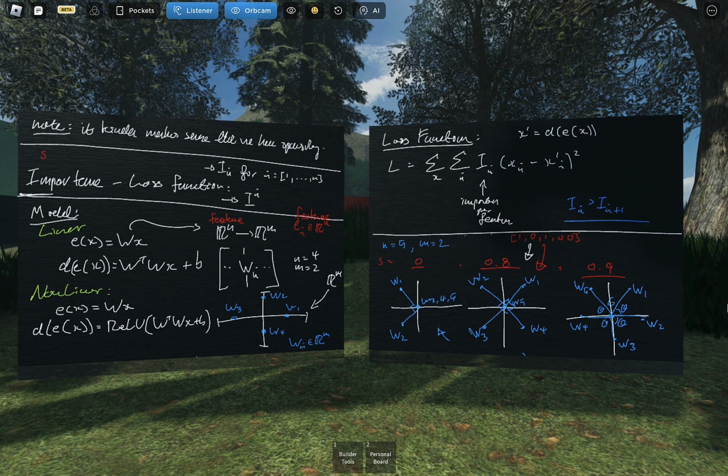When you project it down via W, it just becomes 0, because W1 and W3 are directly opposing each other.